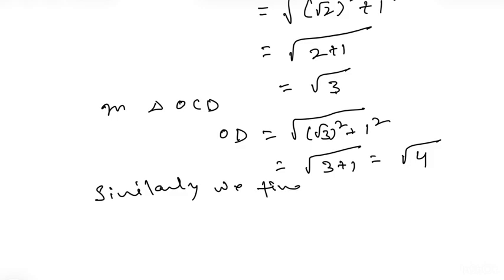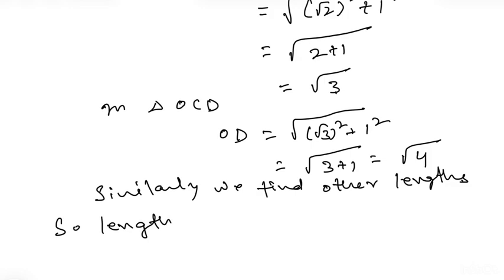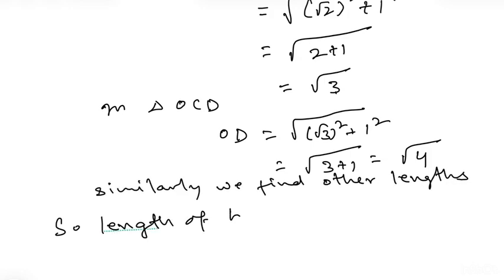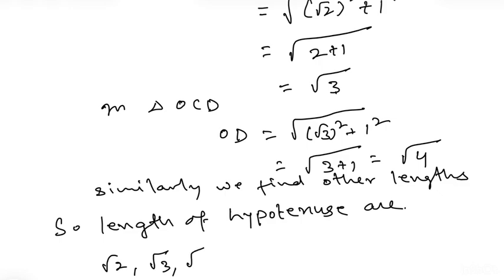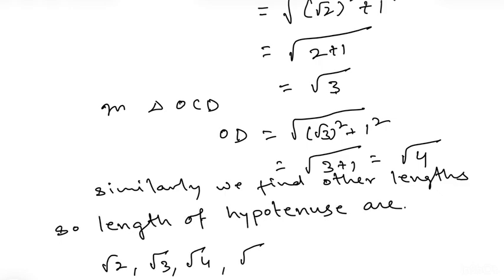So the lengths of the hypotenuse are under root 2, under root 3, under root 4, under root 5, under root 6, under root 7, under root 8, under root 9 and under root 10.